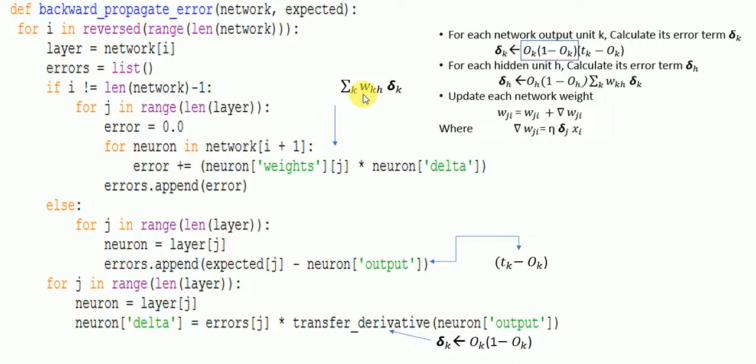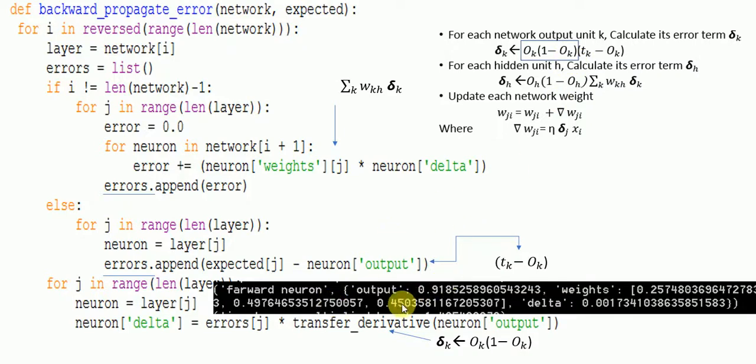And this is the error that is got by sigma of W into delta k. So we calculate this part. There are two steps in the backpropagate error. The first one is the if condition, which is for the hidden layer, and the else condition is for the network output layer.